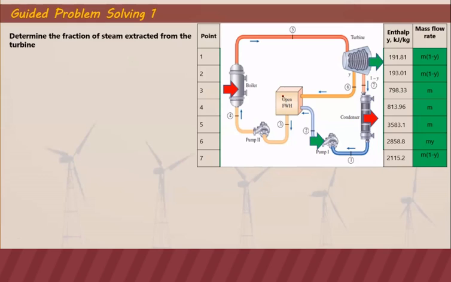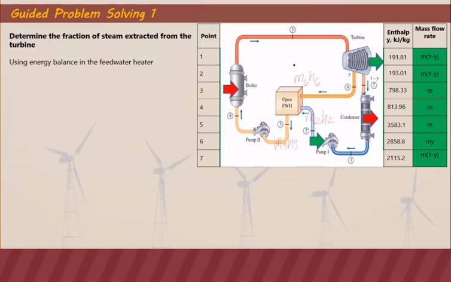This is where we can get the value of Y. So by using energy balance at the open feed water heater, we have the mass flow rate at point 6 as well as the enthalpy, so M6H6, as the energy entering here, and we also have an arrow here that's M2H2, and then the one that is exiting is M3H3.